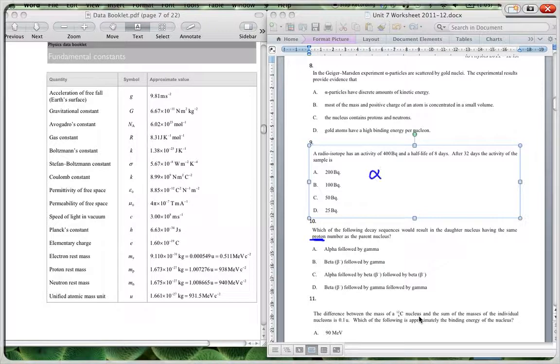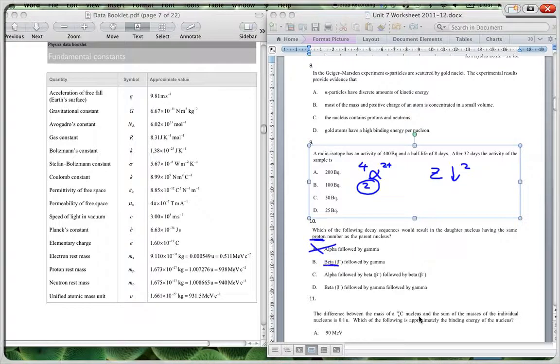We have alpha decay, which is 2 plus, that's 2 protons and 2 neutrons, giving your atomic mass number of 4. So that leads to the proton number, the Z number, decreasing by 2, because it takes out 2 protons from the nucleus. So this definitely wouldn't be correct.